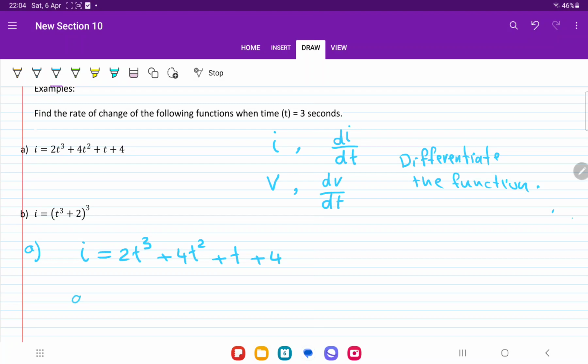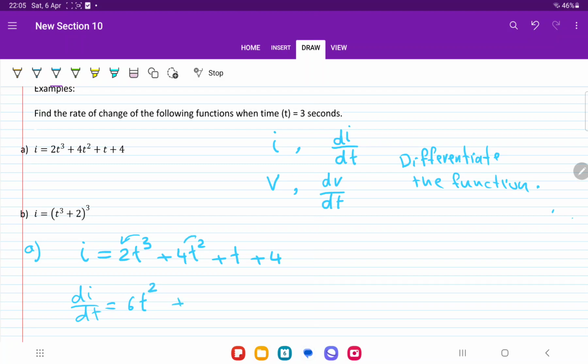So to differentiate current, we multiply the power by the coefficient of t, so 3 times 2, it's going to be 6 here, and we're going to subtract 1 from the power. 3 minus 1 is 2.